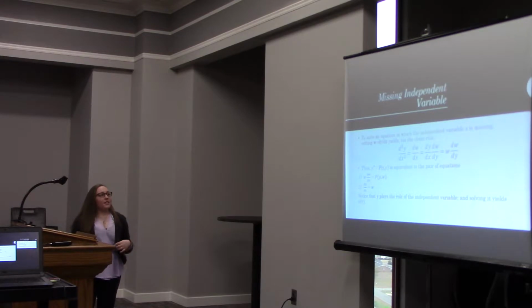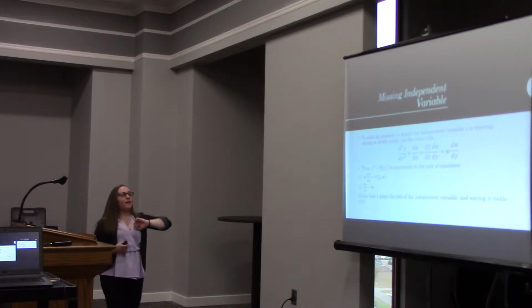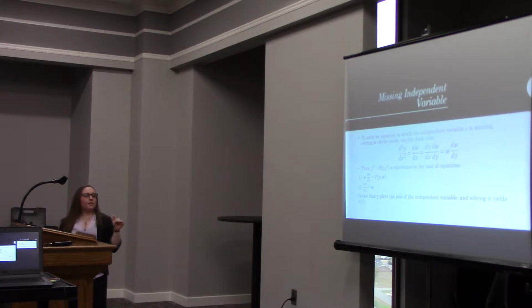Then for missing independent variables, we let w equal dy/dx, and using a fun little chain rule, you can get this substitution: w dw/dy equals the second derivative of y.